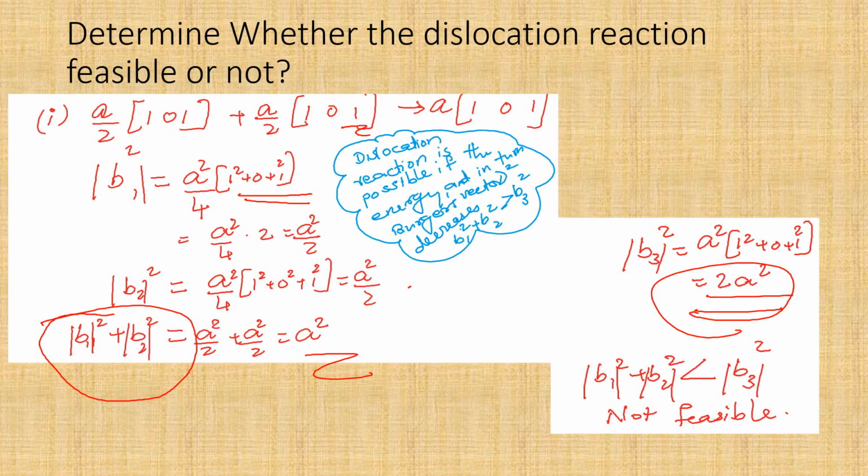We know that the Burgers vector should decrease for a reaction to be feasible. So this reaction given here is not feasible. I hope it is clear. The reaction will not take place because an increasing Burgers vector square will yield an increase in energy. That is not possible by itself.